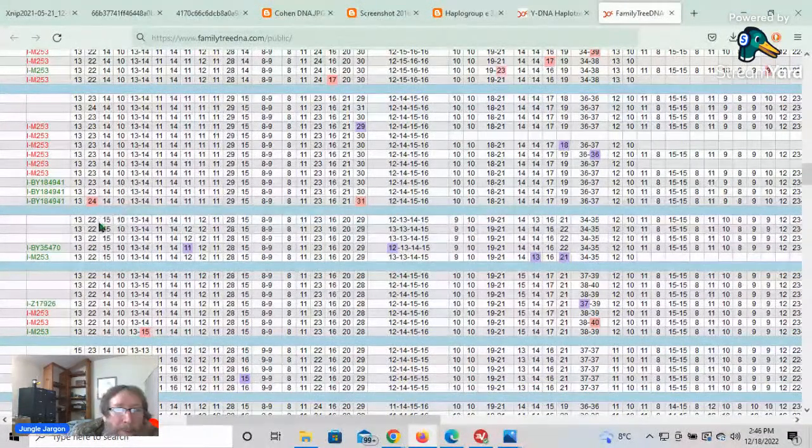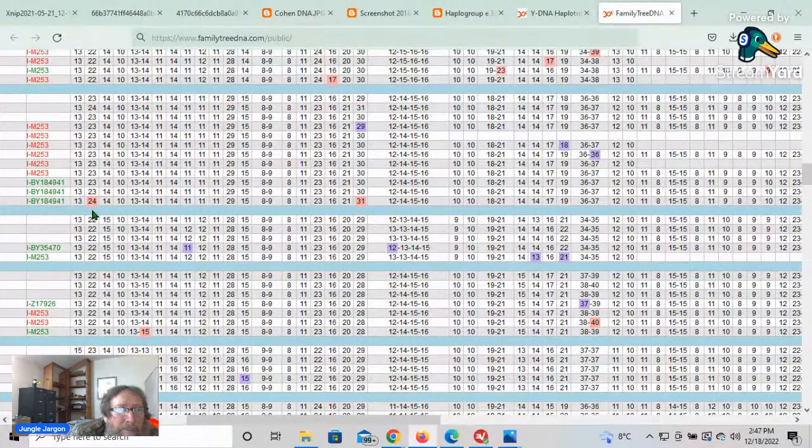For example, these are all 13, these are all 23, except this one is a 24. He has 24 tandem repeats in this section of the Y chromosome instead of 23.